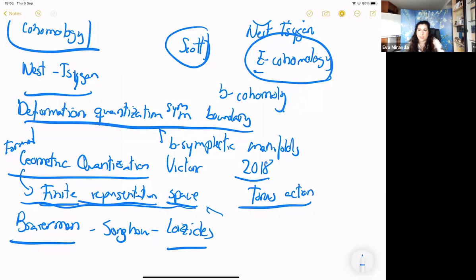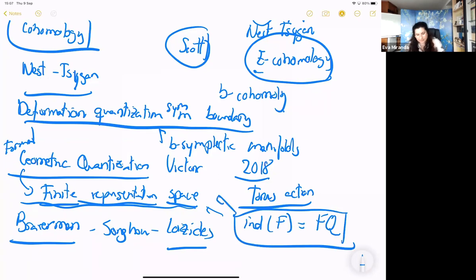One of the questions was: can you find an operator such that the index of this operator gives you exactly your formal quantization? That was a question we left open in our paper. And then these guys answered yes and constructed it.